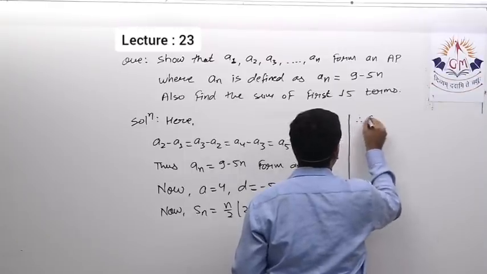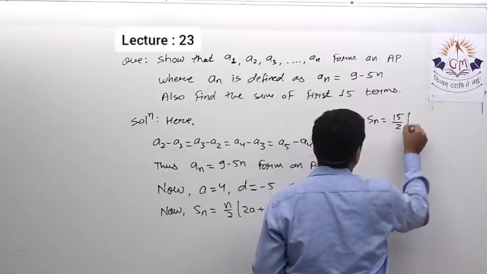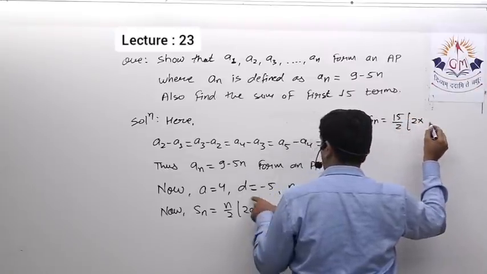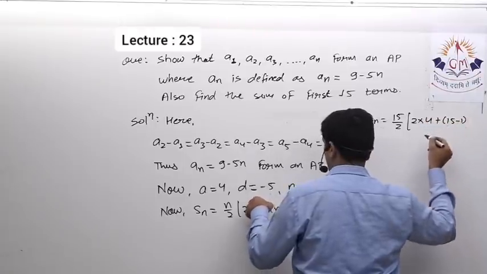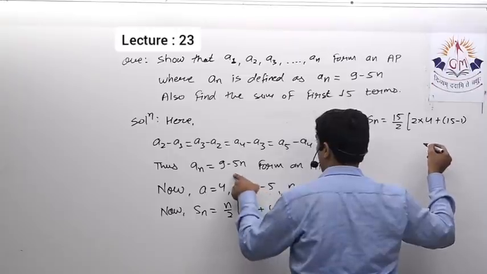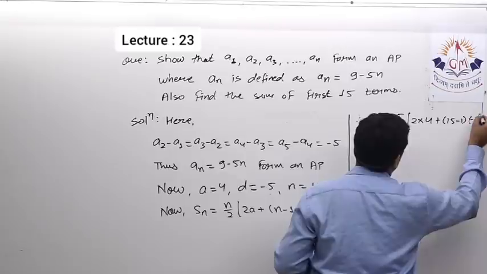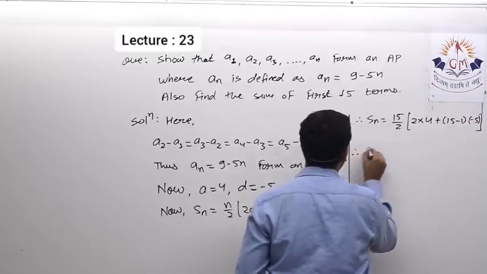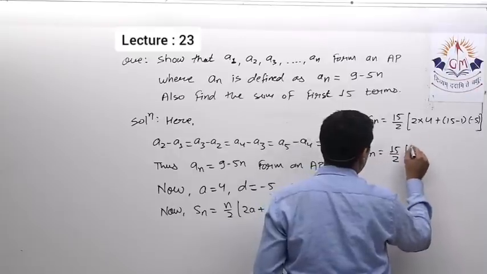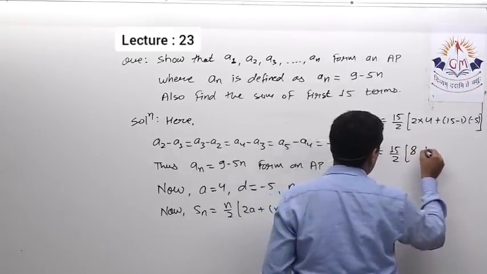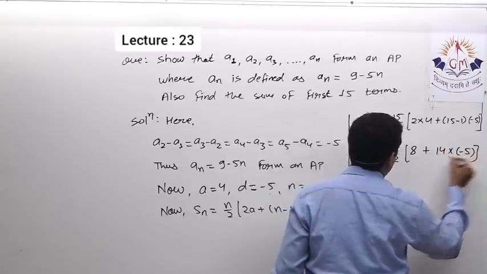Okay, so therefore Sn is equal to 15 by 2 into 2 into a, that is 4, plus 15 minus 1 into d, that is minus 5. So Sn is equal to 15 by 2 into 2 into 4, that is 8, plus 14 into minus 5.